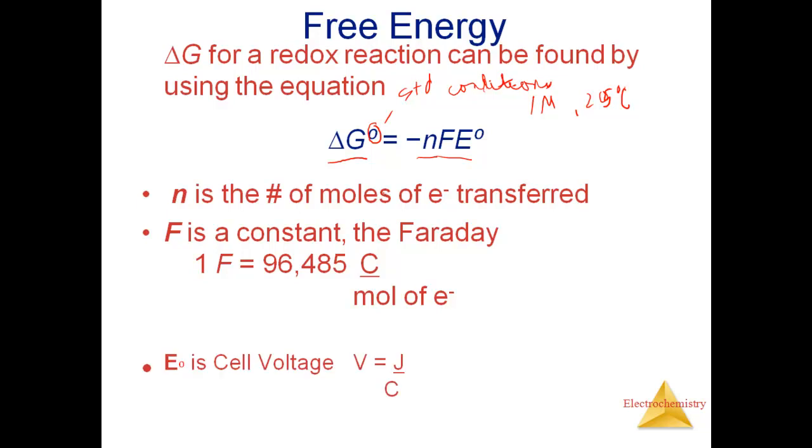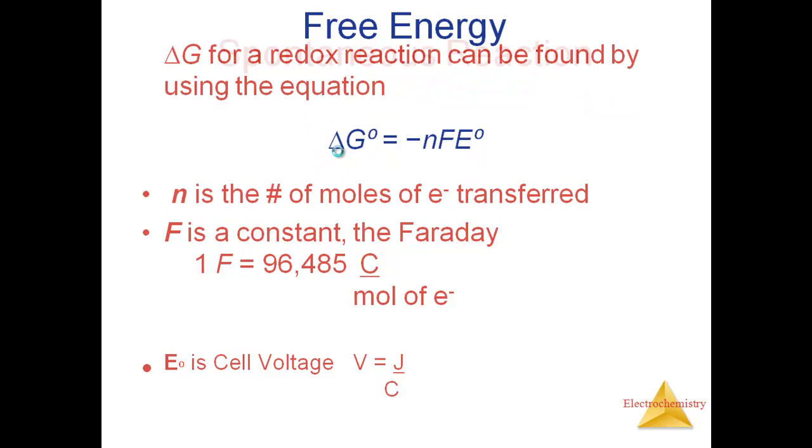And the E naught is the cell voltage, again under standard conditions, and of course, like we just mentioned, voltage is joules per coulomb. So we can measure the standard free energy of a battery using this equation.